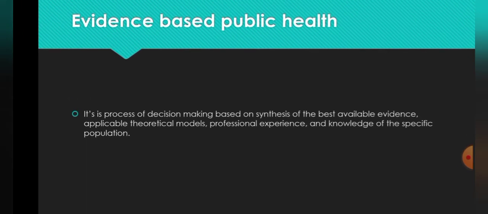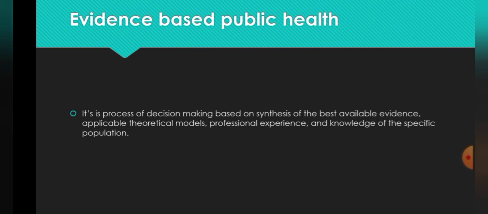Evidence-based public health is a process of decision making based on synthesis of the best available evidence applicable for theoretical models, professional experiences, and the knowledge of the specific population.